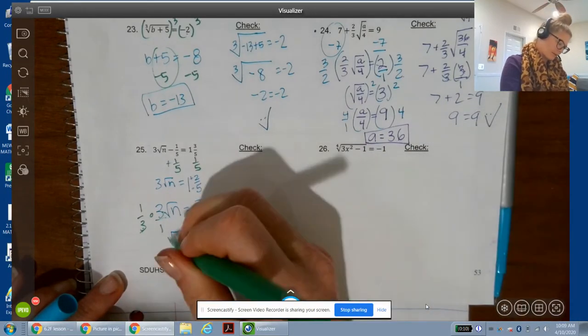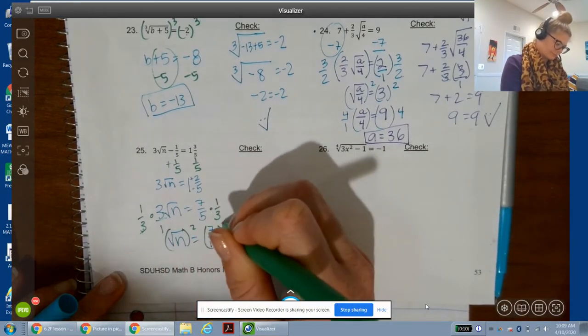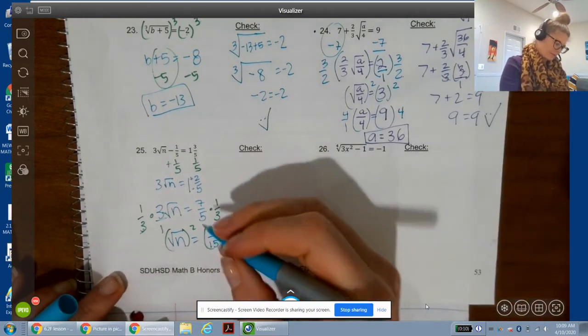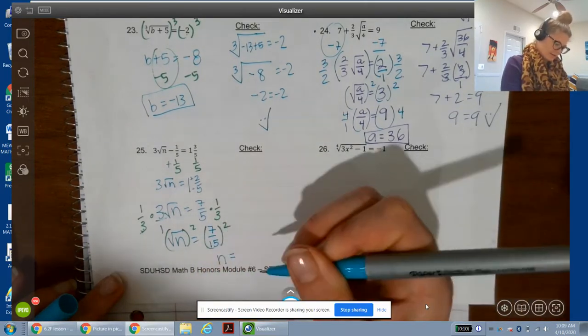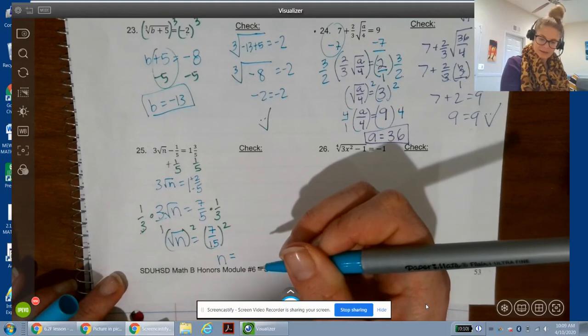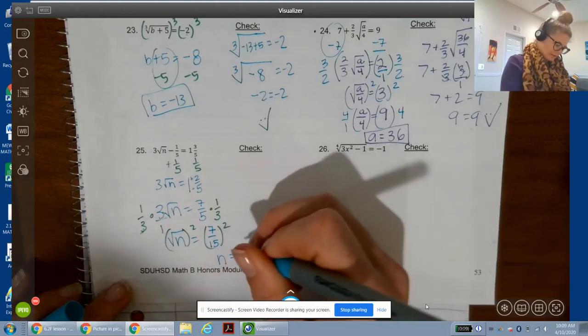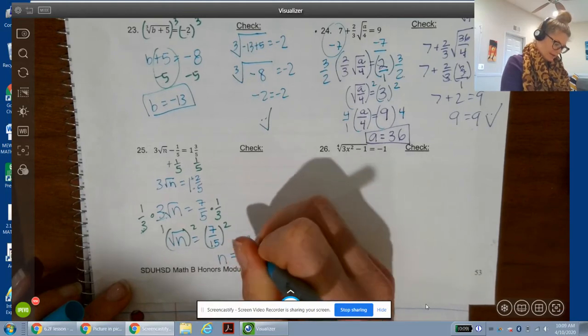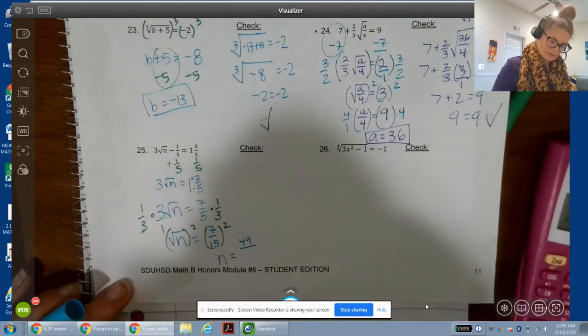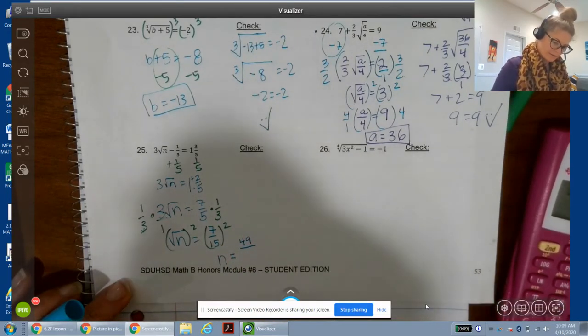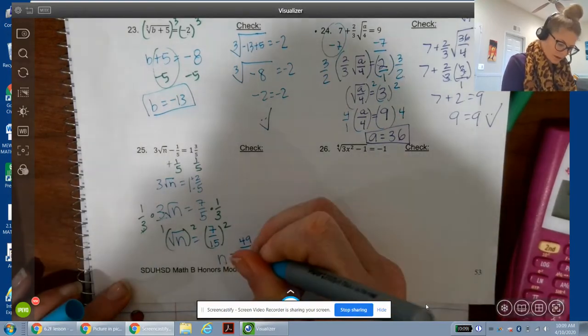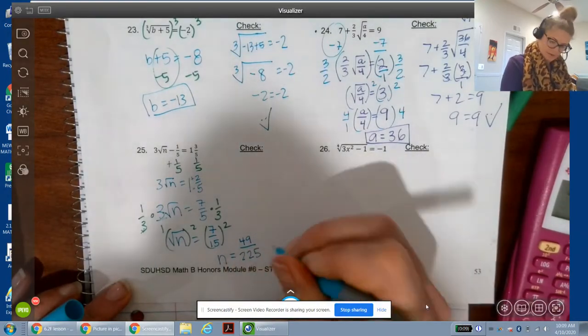We take the square of both sides. And we will have n is equal to 7 squared is 49, and 15 squared is 225.